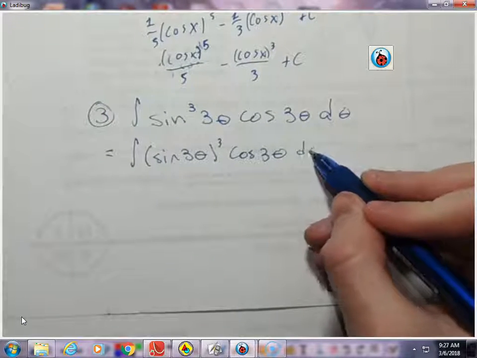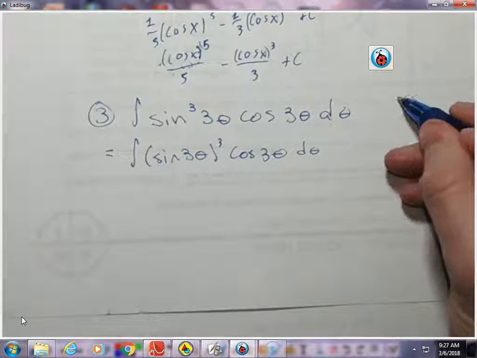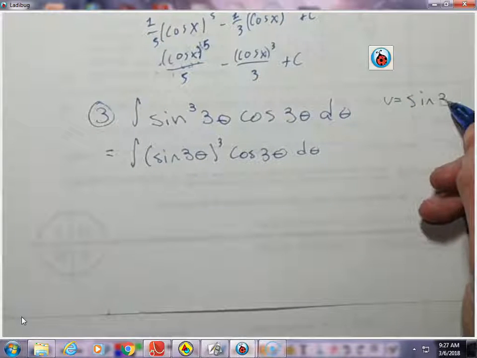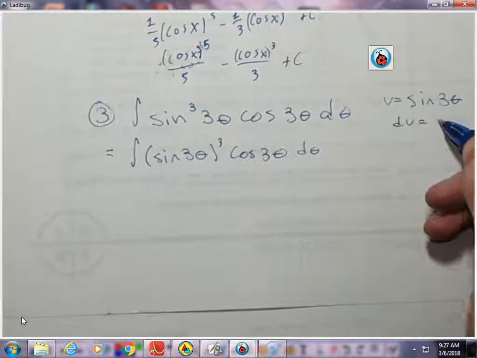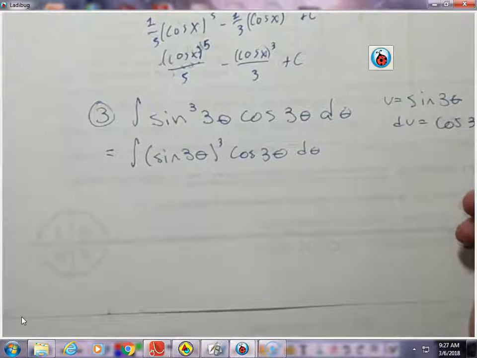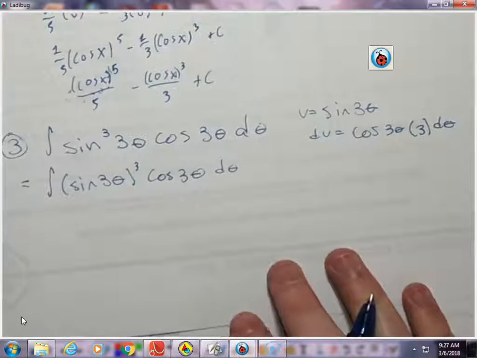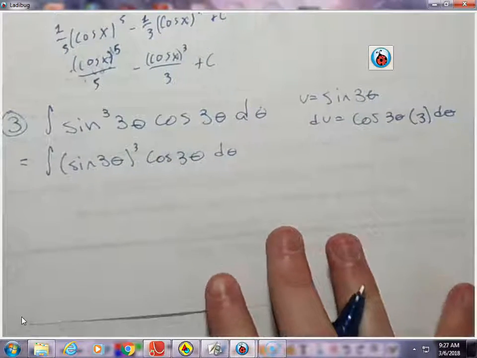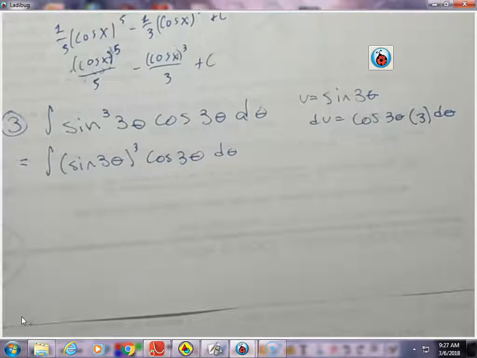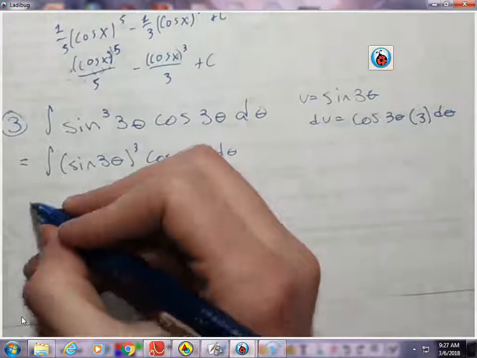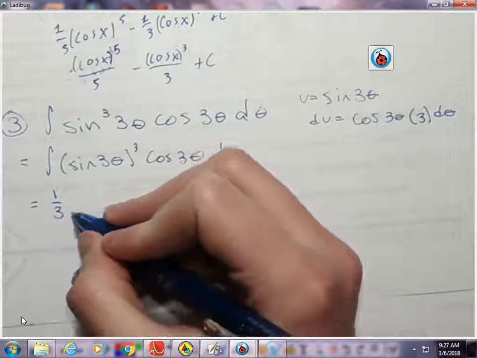Cosine 3 theta d theta. Set this as u. Derivative of that is cosine 3 theta times 3 d theta. So then you're missing a 3 in here, so you have to make it 1/3 on the outside.